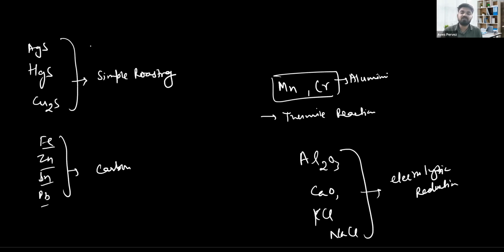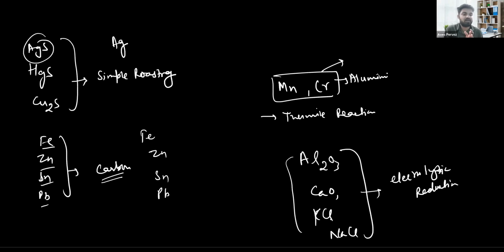If we have HgS, we can obtain Hg from it. If we have Fe2O3, ZnO, SnO, and PbO, then these can be reduced with the help of carbon, and we get Fe, Zn, Sn, and Pb respectively. Similarly, chromium and manganese oxide can be reduced with the help of aluminium, and the highly reactive metals can be reduced with the help of electrolytic reduction.